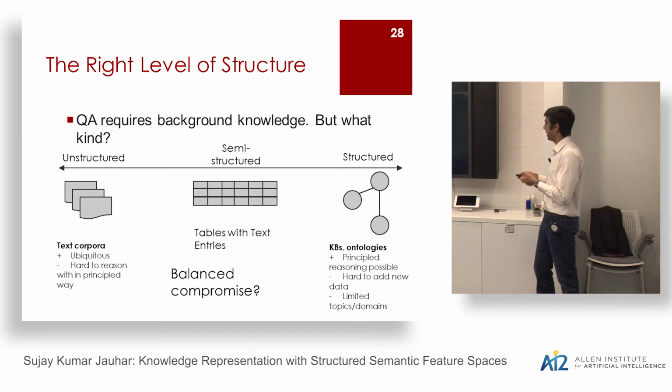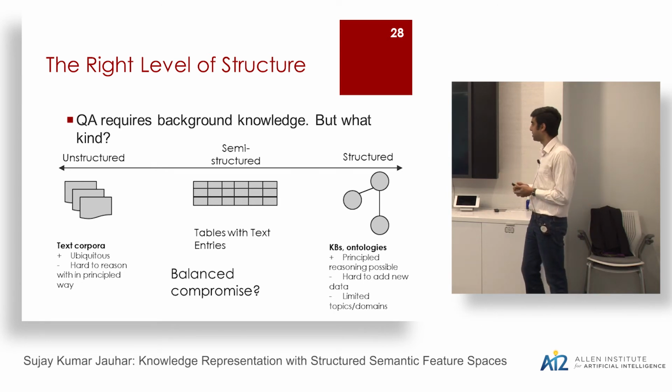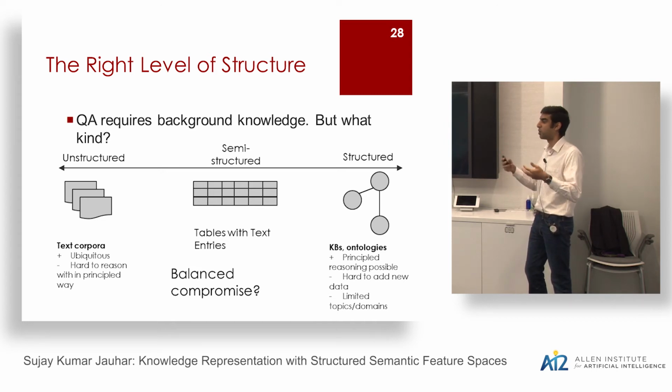And so what we explored basically was something in the middle, specifically tables with text entries. And the question is, does this represent a balanced compromise? And hopefully what we showed was, yes, it does. Because it has text entries, it's kind of unstructured, but it does have some structure in the form of rows and columns that are related to each other.